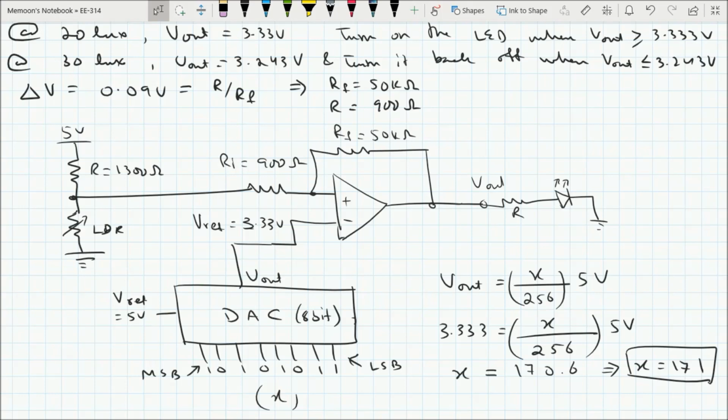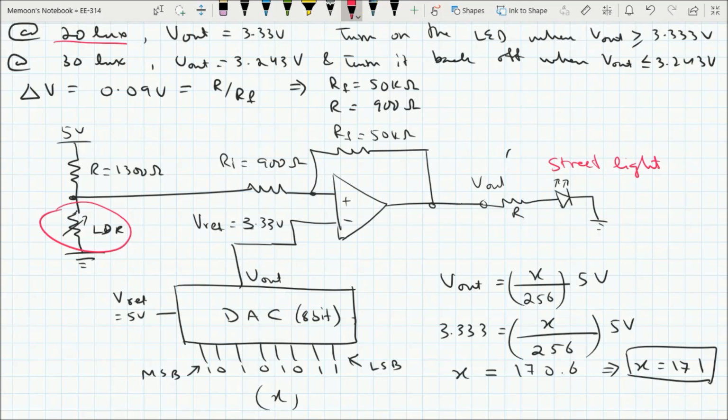And which application is it used for usually? This is a computerized system to control your street lights. So now in this system you can see that this LED, this is your street light.